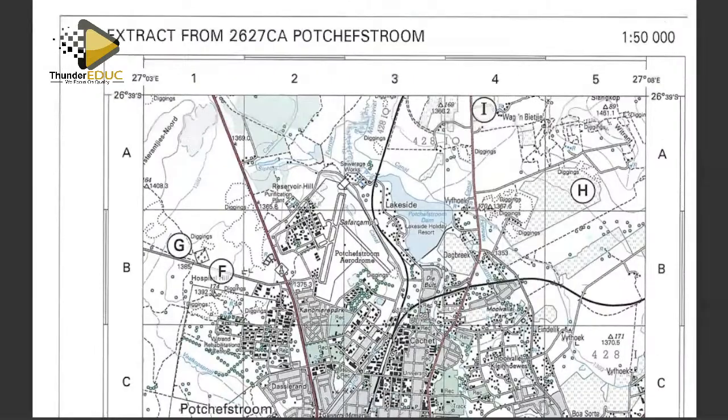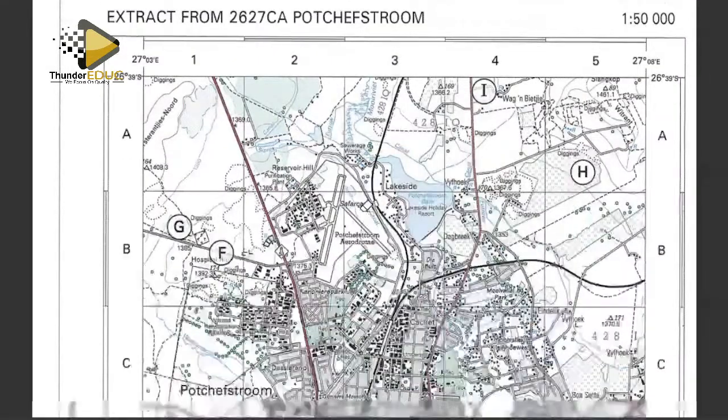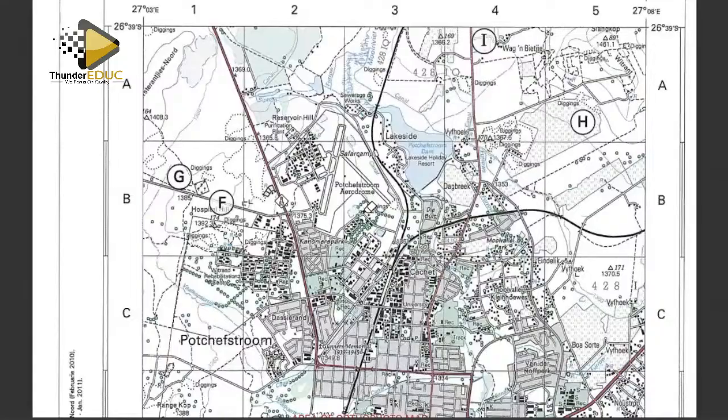Our block A2 is here, and this is where our benchmark is. The other point is the trig beacon at F. Our trig beacon is here.